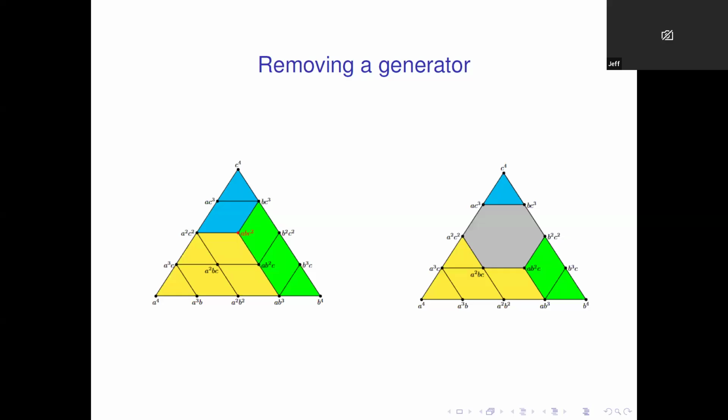And that hexagon becomes part of a polytopal complex. And the main result is that this is now a minimal resolution of this ideal.